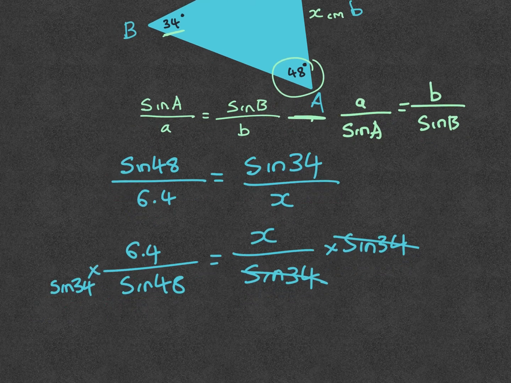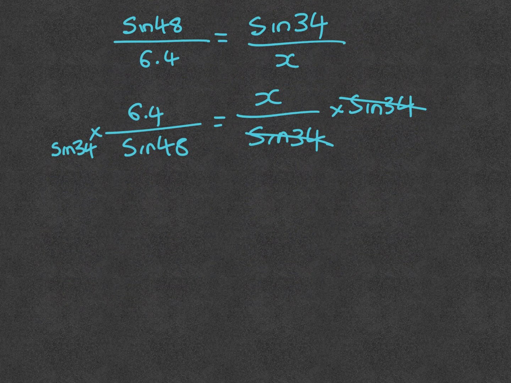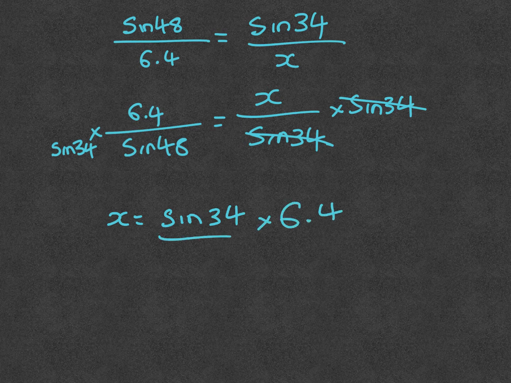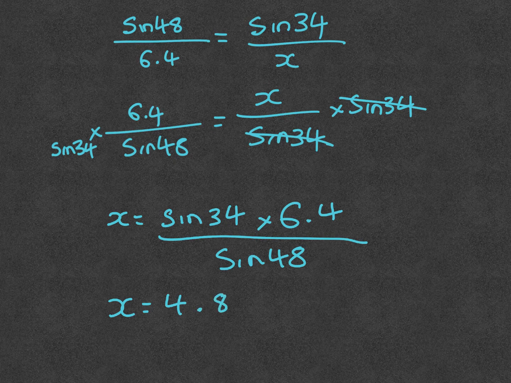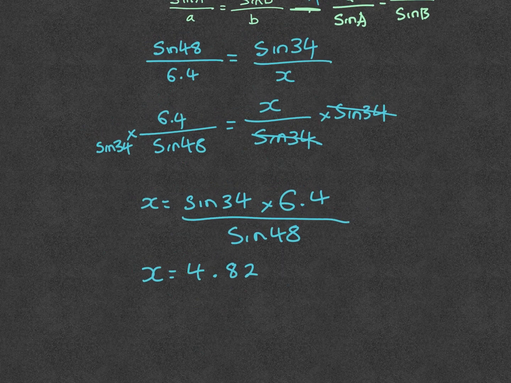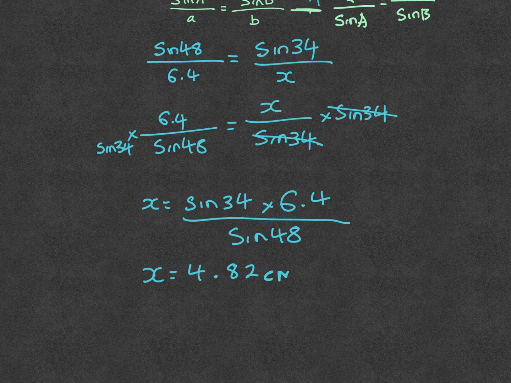And what we are left with is x is equal to sine of 34 times 6.4 divided by sine of 48. Okay, and now we enter this into our calculator. And when we do that, we get an answer of 4.82, rounded to 2 decimal places. We have to make sure that we've got our units correct. The lengths of our sides were in centimetres, so this is 4.82 centimetres.